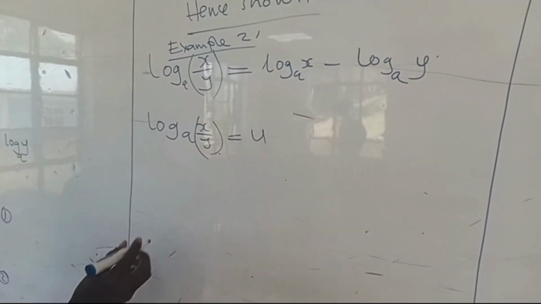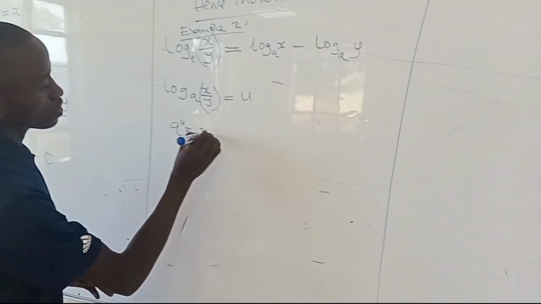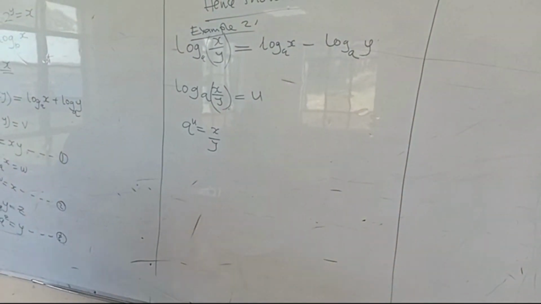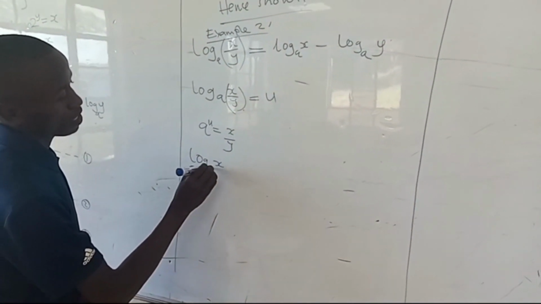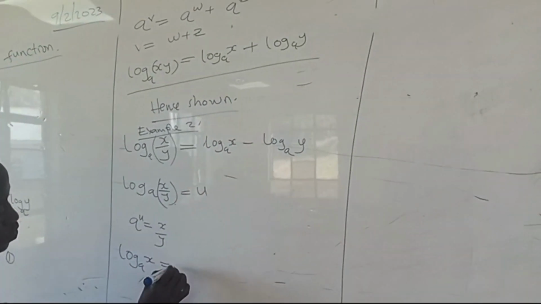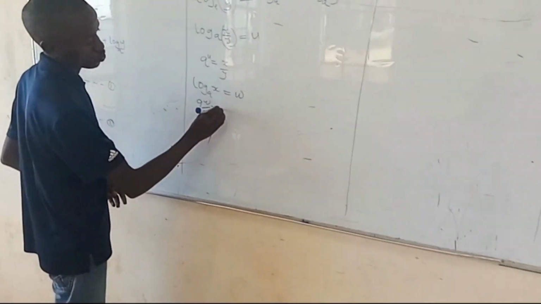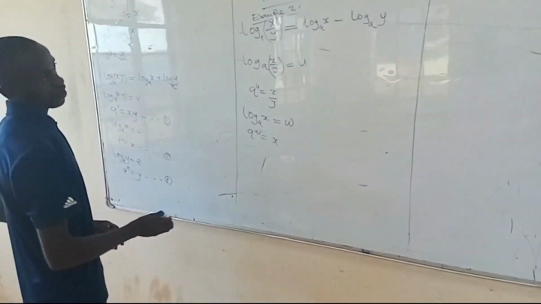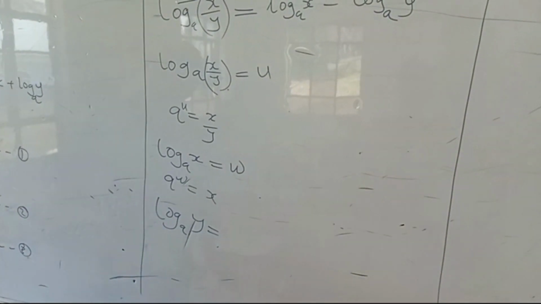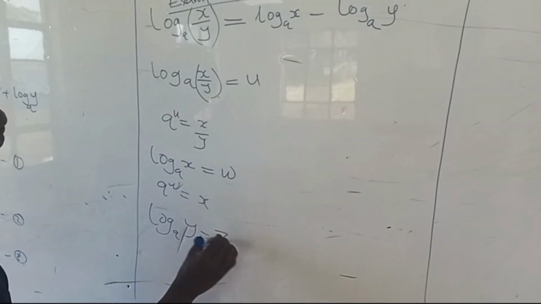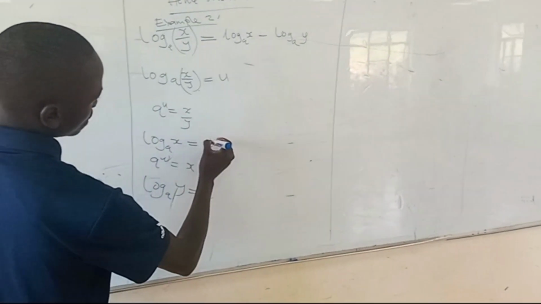On conversion, a power u will be equal to x over y. Once again, log x base a equal to w gives a power w equals x, and finally log y base a equal to z, or another number. This gives us our first function and second function.